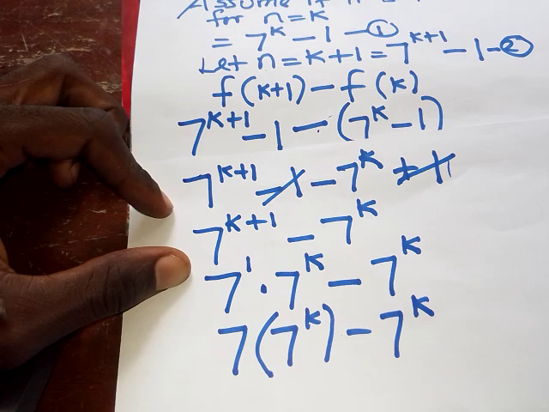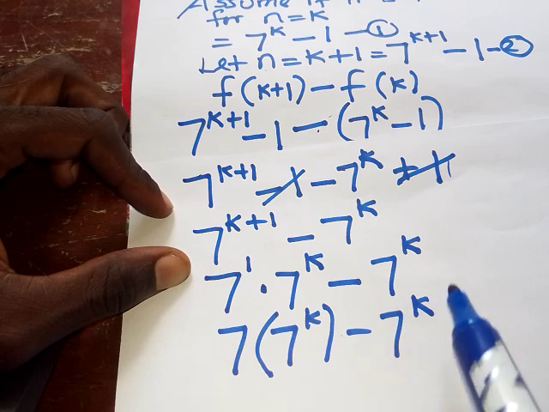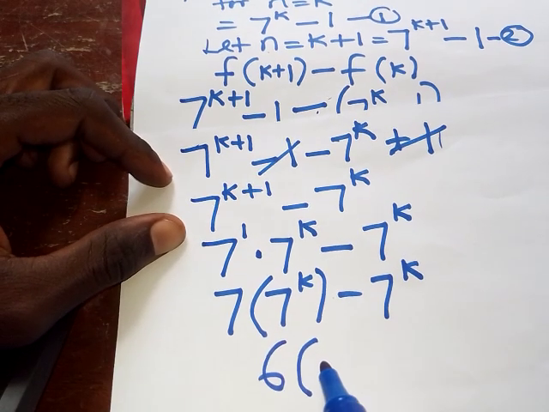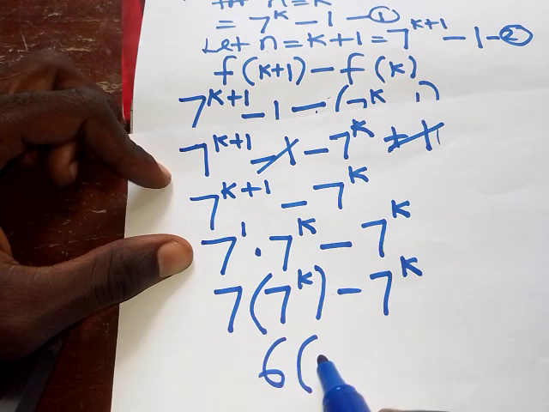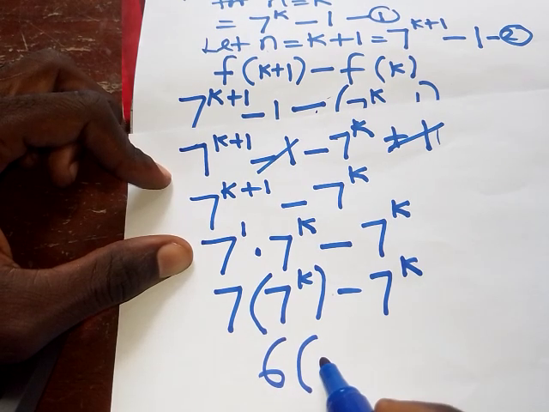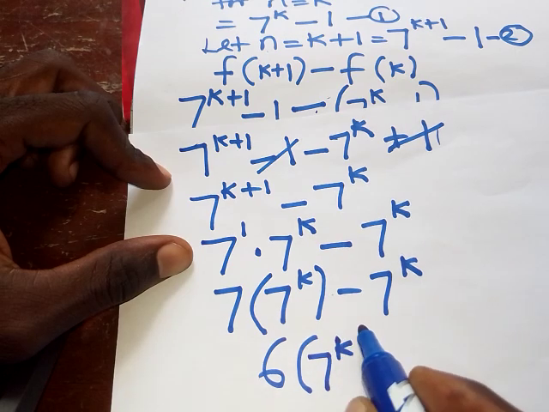Those two can subtract. Similarly here, this one is acting as a coefficient and this one as a variable. So you have a 6, then in brackets you have 7 raised to power k.